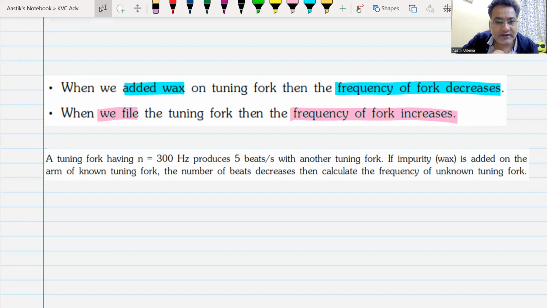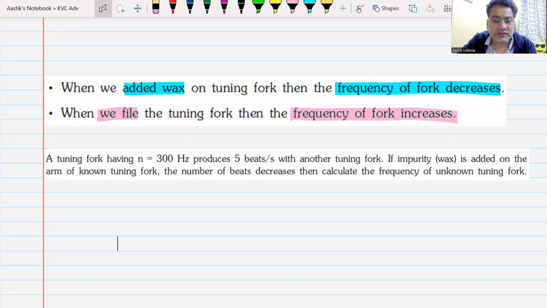Wax could be added to the tuning fork whose frequency is known, or to the unknown tuning fork, and depending on which, the answer would be different. If the wax is added on the arm of the known tuning fork, the number of beats decreases. Calculate the frequency of the unknown tuning fork.